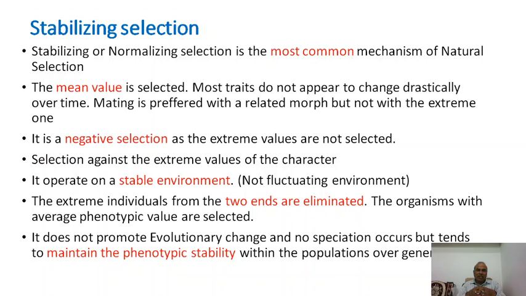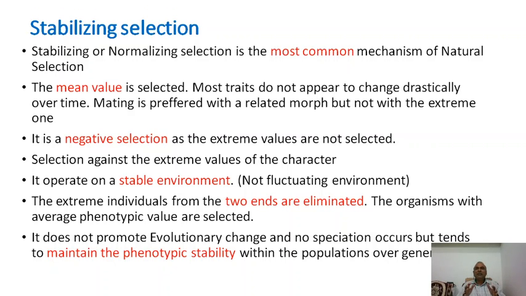Hence, this kind of selection is called stabilizing selection or normalizing selection. It is the most common mechanism where the environment is homogeneous and not bringing very drastic changes. Under such conditions, the mean value is selected. Most traits do not appear to change drastically over time in this way.